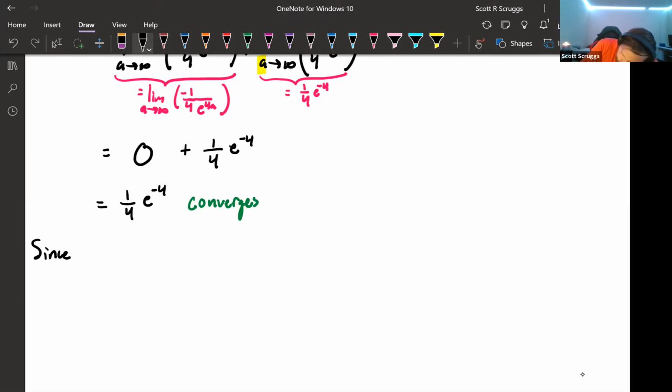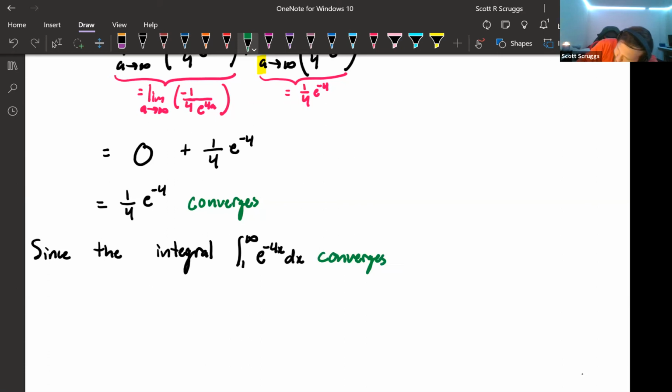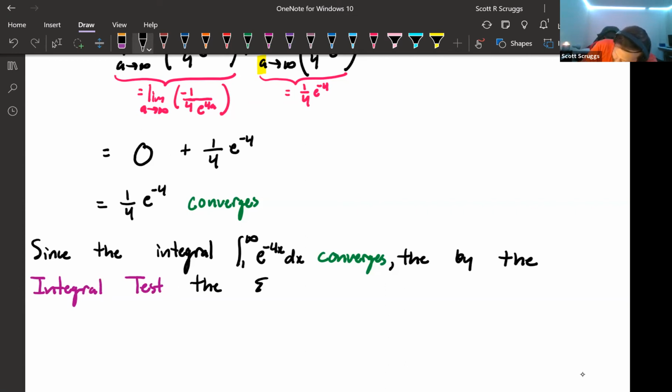Since the integral from 1 to infinity of e to the negative 4x dx, because you showed that that converges, then by the integral test, the series sum k equals 1 to infinity e to the negative 4k also converges.